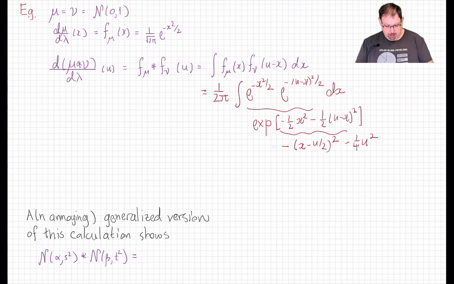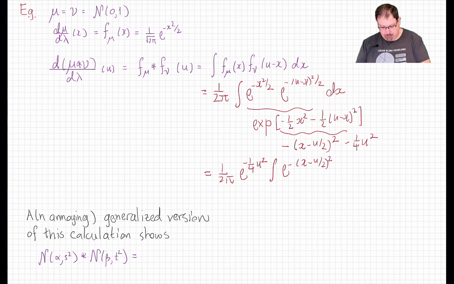And so that means that this convolution is 1 over 2 pi. That e to the minus 1/4 u squared can just come outside the integral with respect to x. And I have the integral of e to the minus x minus u over 2 squared dx.